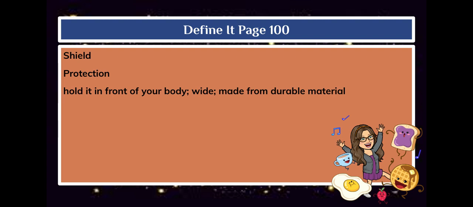If we put shield into a broad category, what would it be? A shield is a type of protection. What attributes make a shield different from other types of protection? Use the category and attributes to write a definition.